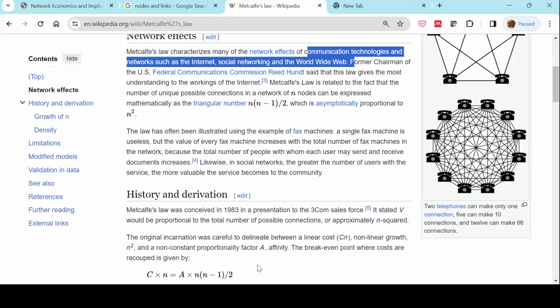Metcalfe's law: the usefulness of a network is proportional to the square of the number of people it connects. For example, here we have two cities with 100 people.